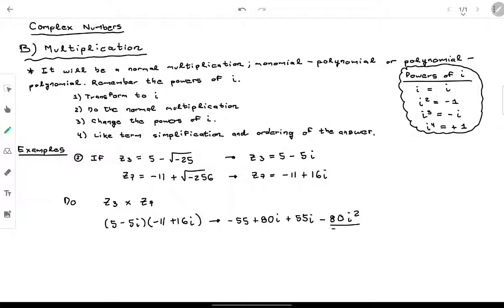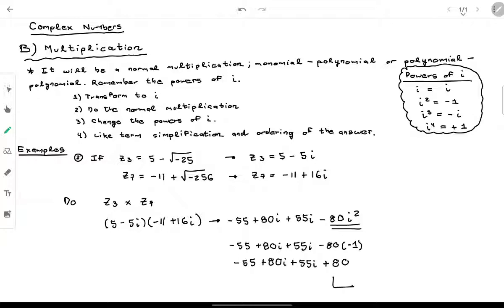So we can change the power of i: minus 55 plus 80i plus 55i minus 80 multiplied by i squared, which equals minus 1. So it's going to be minus 55 plus 80i plus 55i, minus times minus is plus 80.